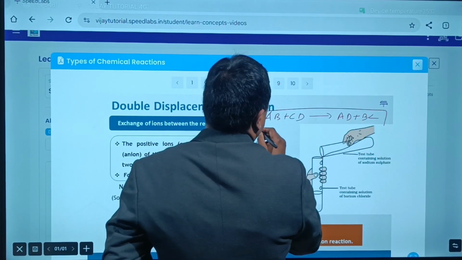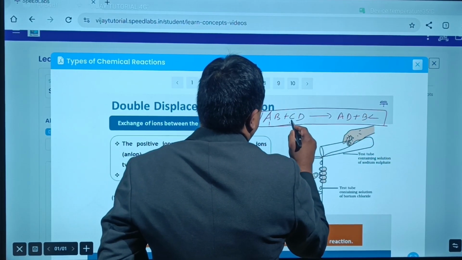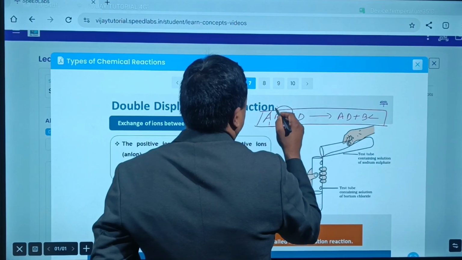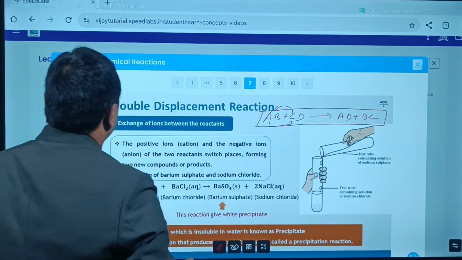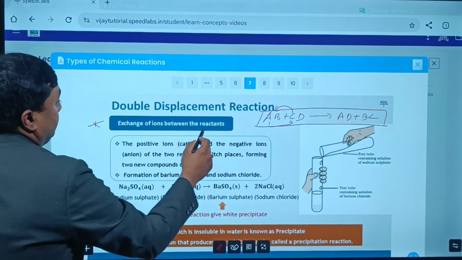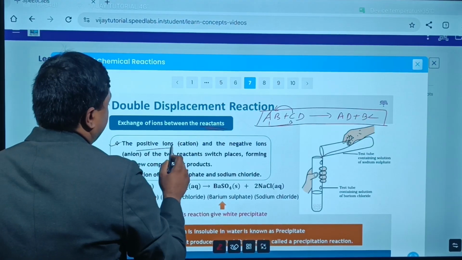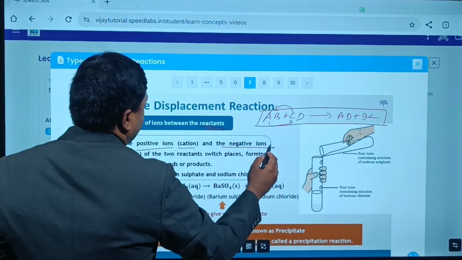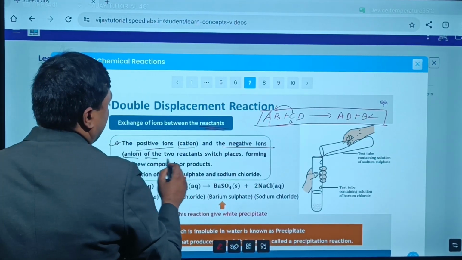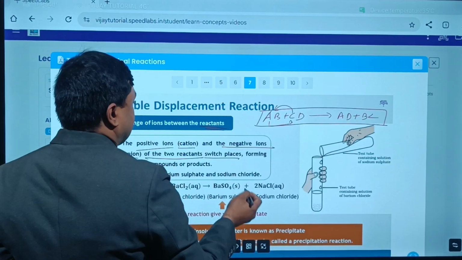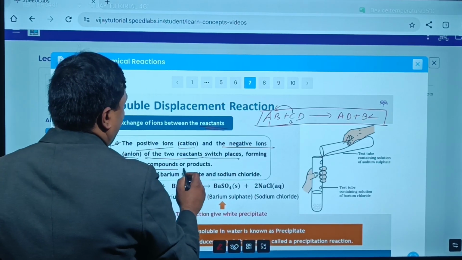So A goes here and C goes here, an exchange of ions between the reactants. The positive ions, called cations, and the negative ions, called anions, of the two reactants switch places, forming two new compounds or products.